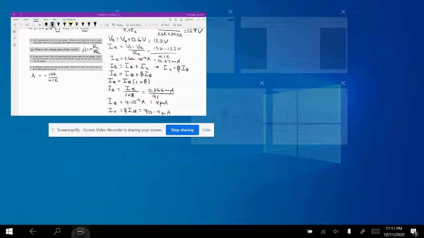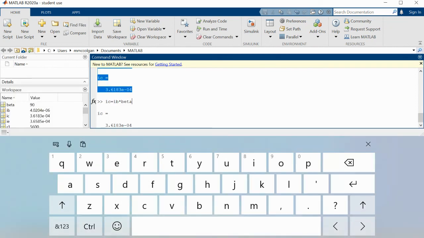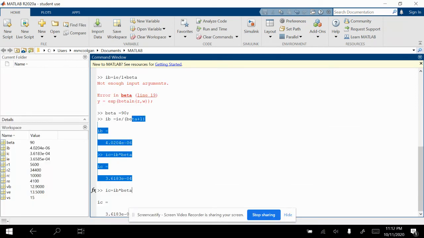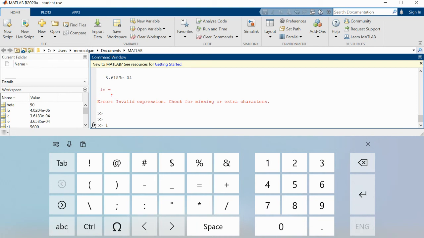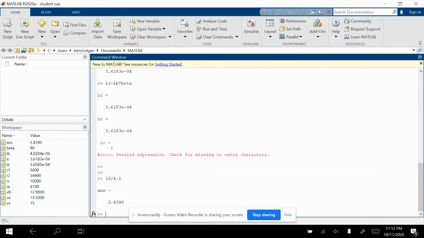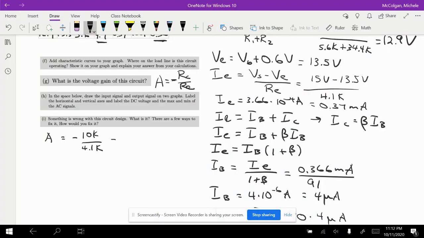And if we want to see what that is in MATLAB, 10K divided by 4.1 is equal to 2.4. So 2.4 is our gain, and here this is going to be negative 2.4.